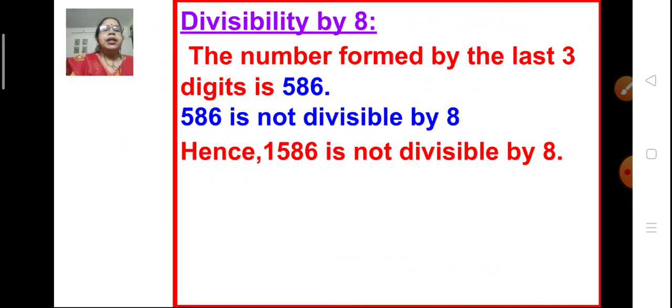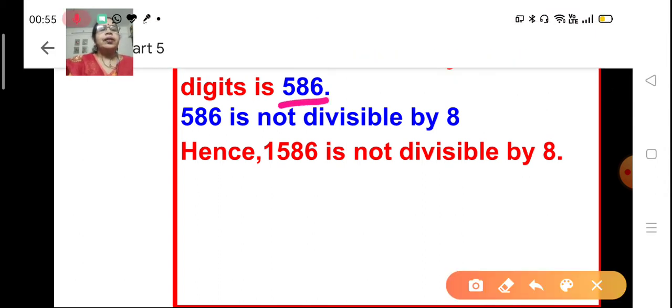Now, divisibility by 8. What is the rule? The number formed by the last 3 digits should be divisible by 8, then only the number will also be divisible by 8. And the number formed by last 3 digits in 1586 is 586.